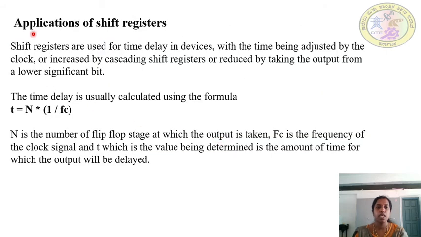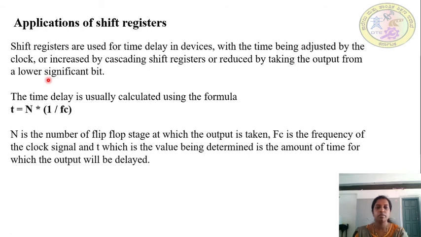Next we move on to the applications of shift registers. Shift registers are used for time delay in devices, with the time being adjusted by the clock or increased by cascading. The delay is reduced by taking the output from a lower significant bit.